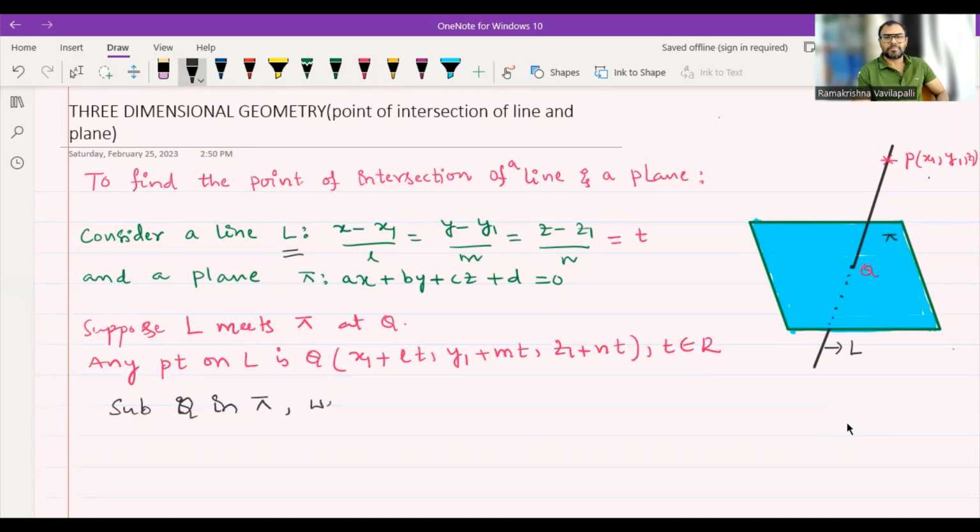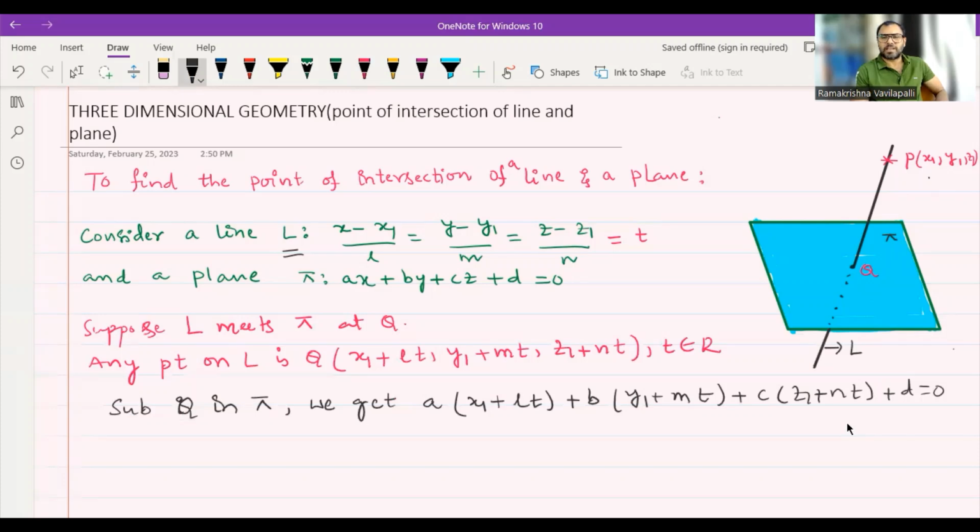We get a into (x1 plus lt), plus b into (y1 plus mt), plus c into (z1 plus nt), plus d equal to 0.